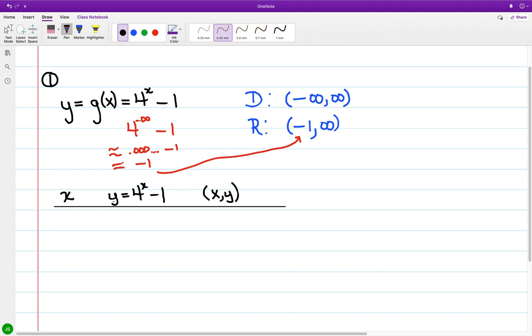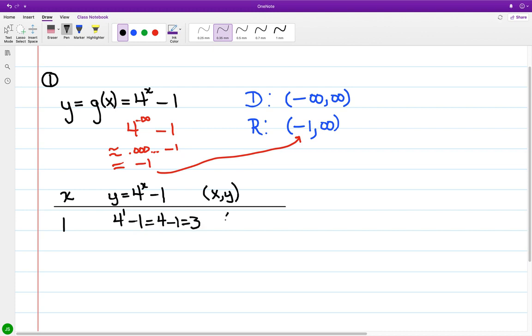Let me mention some points, looking for x and y values. If x is at 1, for y we have 4 to the first minus 1. 4 to the first is 4, minus 1, is equal to 3.